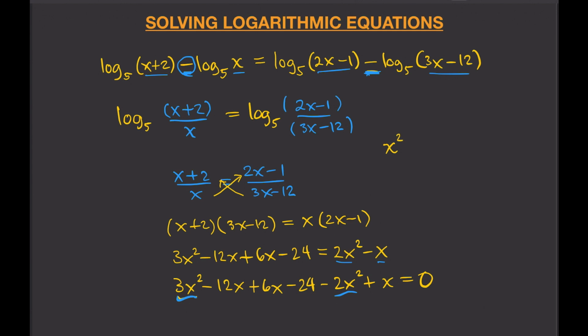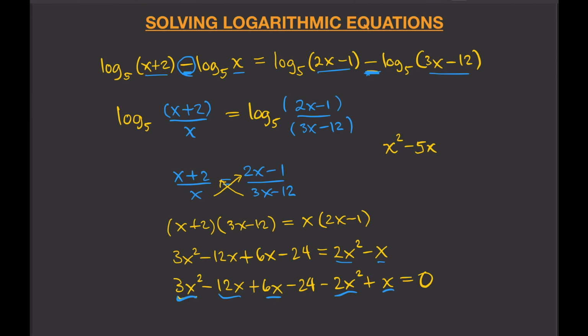So I'm just going to write that here, x squared. And then negative 12x plus 6x, that's going to give us negative 6x plus x, that's negative 5x. So that's going to be negative 5x.